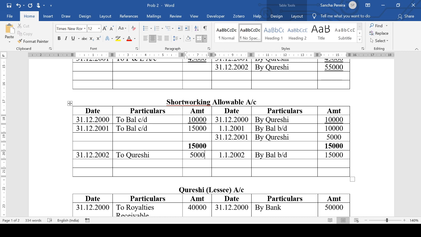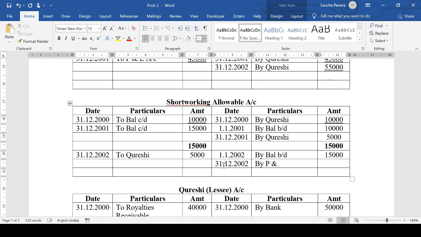Then we have any short workings transferred to P&L account. The entry in the books of the lessee is P&L account debit to short working. Here it will just be the opposite. Short working allowable account debit to P&L. So on 31st December 2002 by P&L.